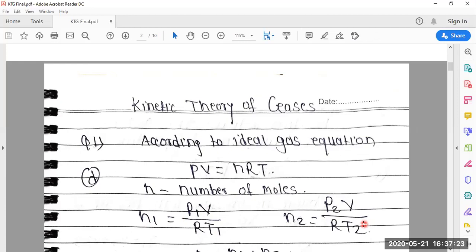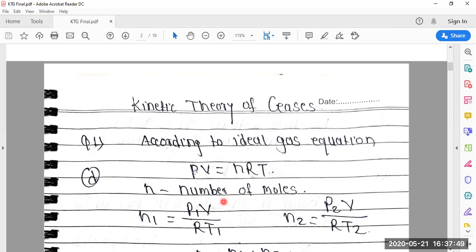When these two gases come together or get mixed together, then the pressure and the temperature of this mixed gas is P and T. Then calculate the ratio of pressure to temperature of this mixture.